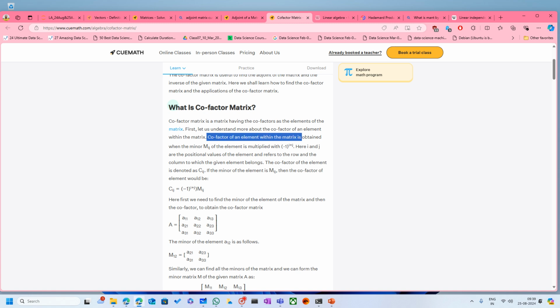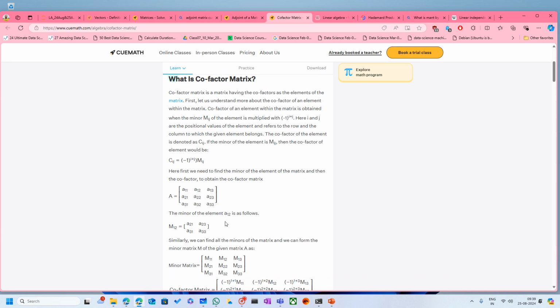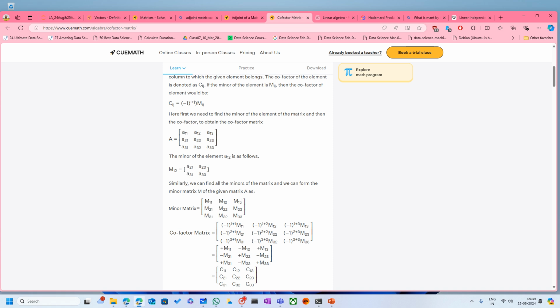Cofactor of an element in a matrix is obtained by the minor multiplied by minus 1 to the power of i plus j. First, you know the minor calculation: for whatever element you are calculating, you eliminate its row and column, and the rest of the matrix becomes the minor of that particular element.